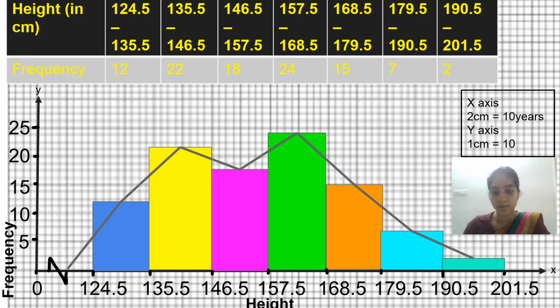As we join the midpoints, the histogram bars go behind and the frequency polygon is superimposed on the histogram, and hence the answer is reached. So we have drawn the frequency polygon on top of the histogram. This is the first method which we looked into.